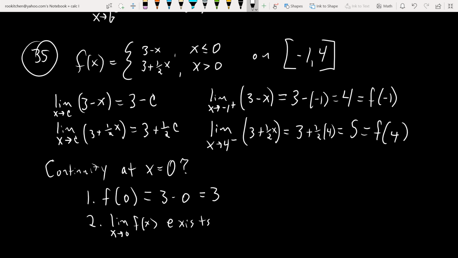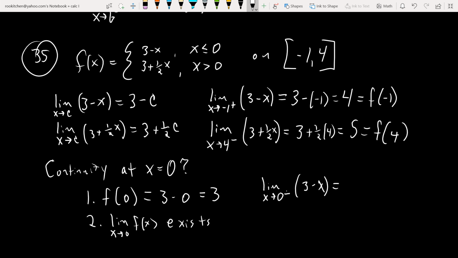So I could take a look at the left and right hand approaches to make sure that they are both the same. As x approaches 0 from the left of f of x, what is that? That would be numbers that are less than 0, so I'd be using the 3 minus x version.